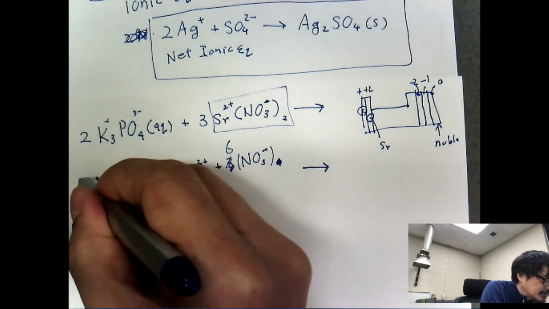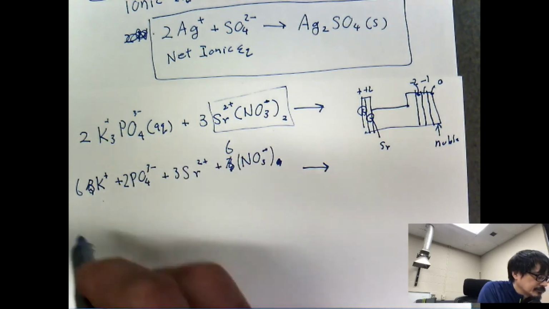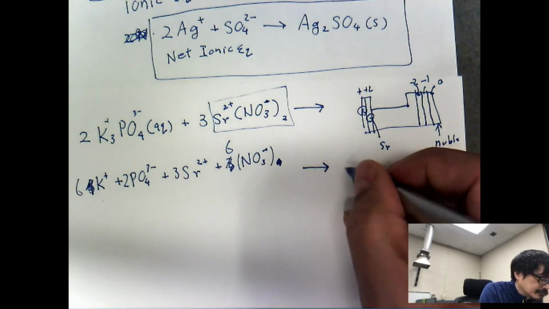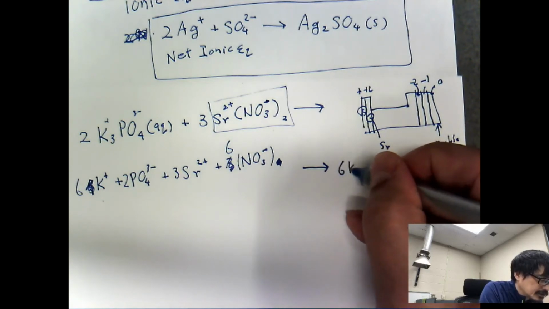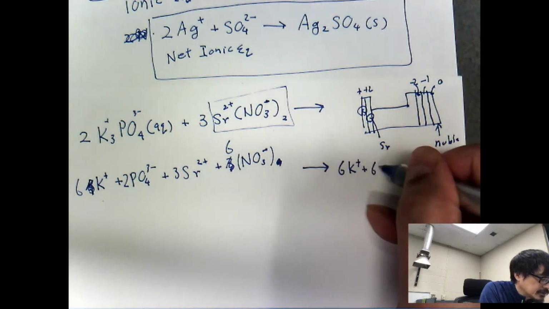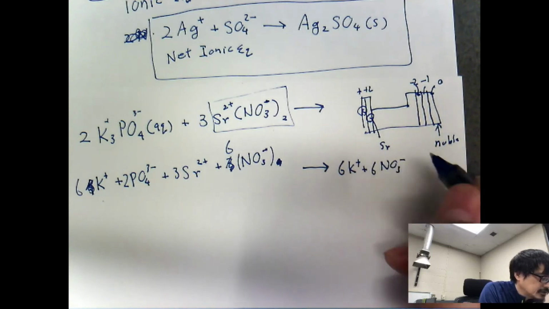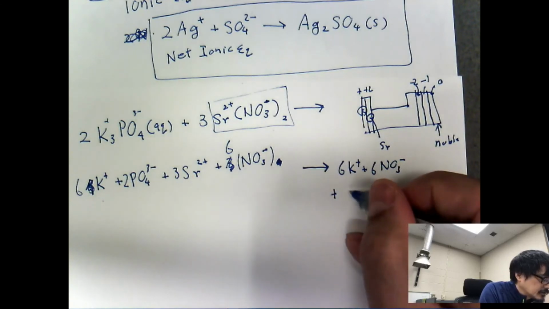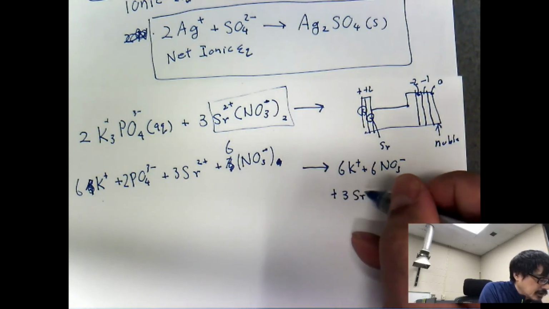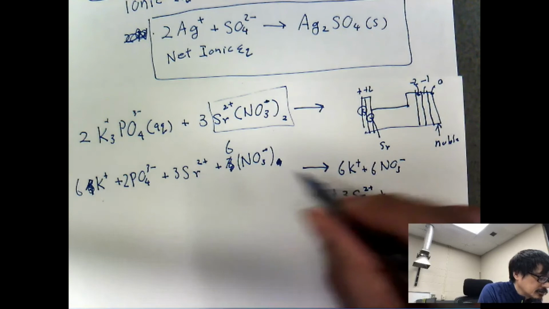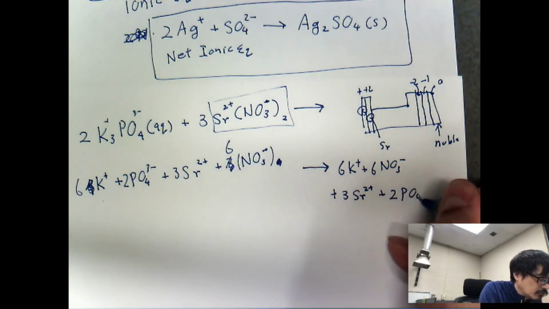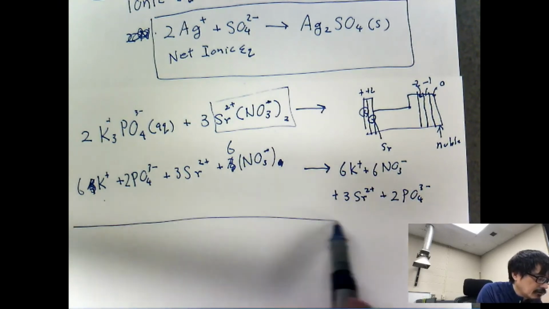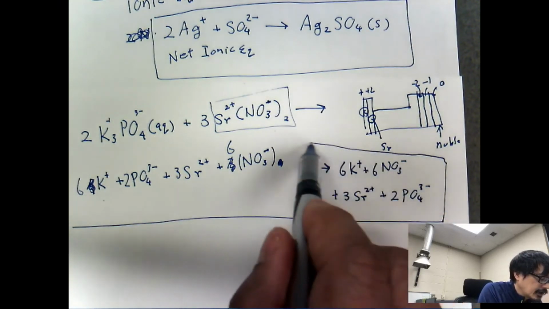So that one is going to be 6, that one is going to be 2. So that is going to be 6K plus, 6NO3 minus, plus 3Sr 2 plus, 2PO4 3 minus. Awesome. So that's our ionic equation.